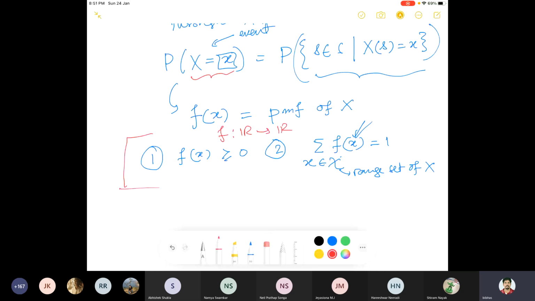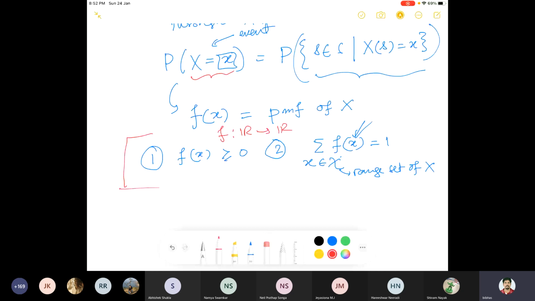Now the question is, if I know this, what is the advantage? And not only that, we also found the PMF of two random variables corresponding to two different random experiments, which we considered last week. One was rolling a pair of dice, and another one, I think, was tossing a coin 4 times.